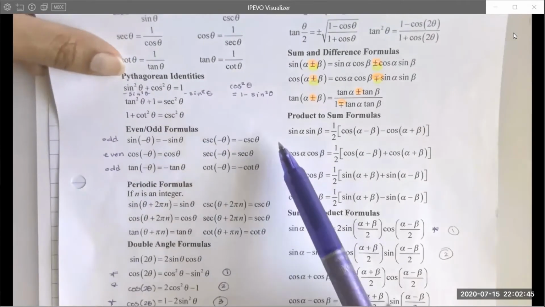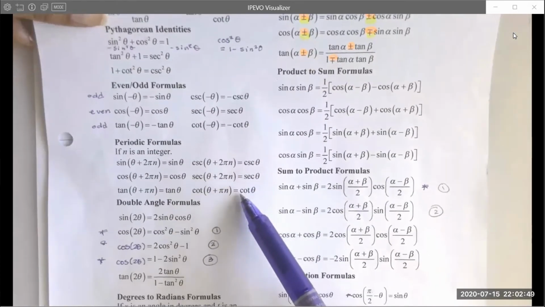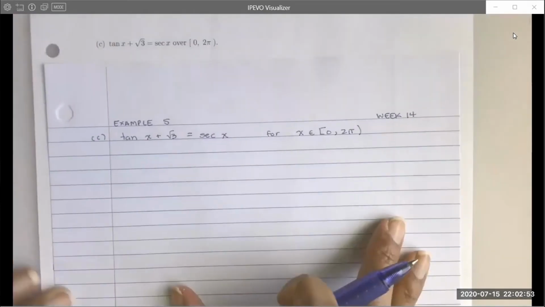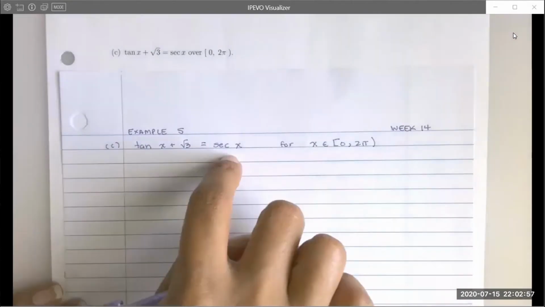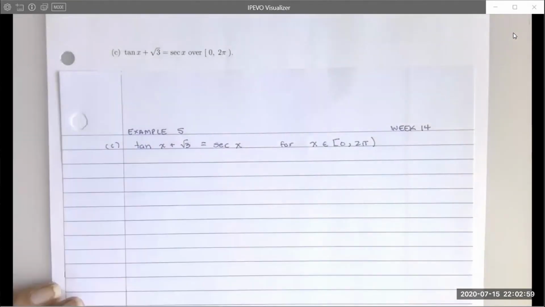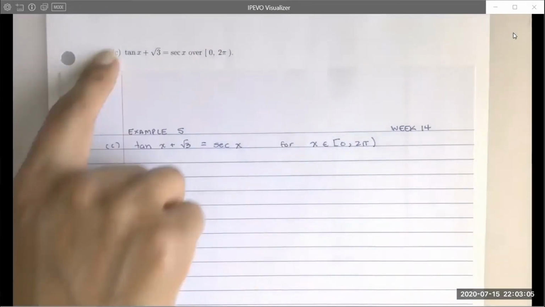There really is nothing else that can help us with this, so I'm going to be relying on that Pythagorean identity. In order to have it apply, I'm going to square both sides of this equation, but I'm going to be careful to check all of my solutions at the end to make sure that they truly satisfy the original equation.